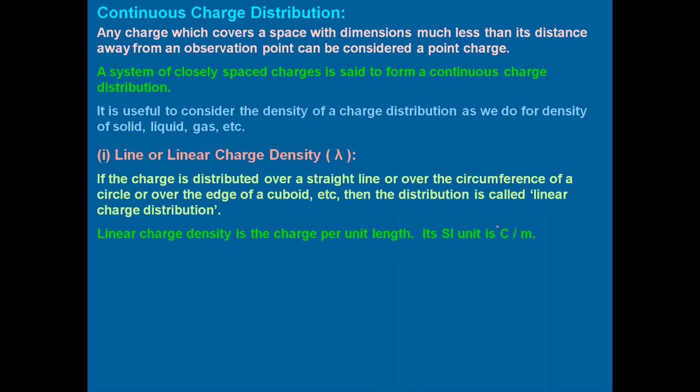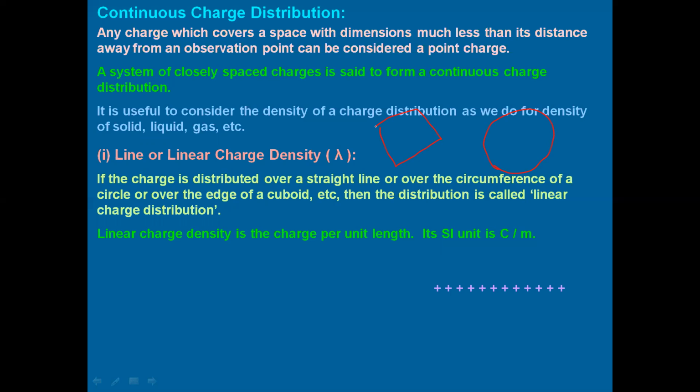Suppose you have a wire which is given a positive charge, then the charge is distributed over a straight line. Or we can say that if the charge is distributed over the circumference of a circle, or over the edge of a cube, in all these cases we will use the term linear charge distribution, and it can be defined as the charge per unit length.